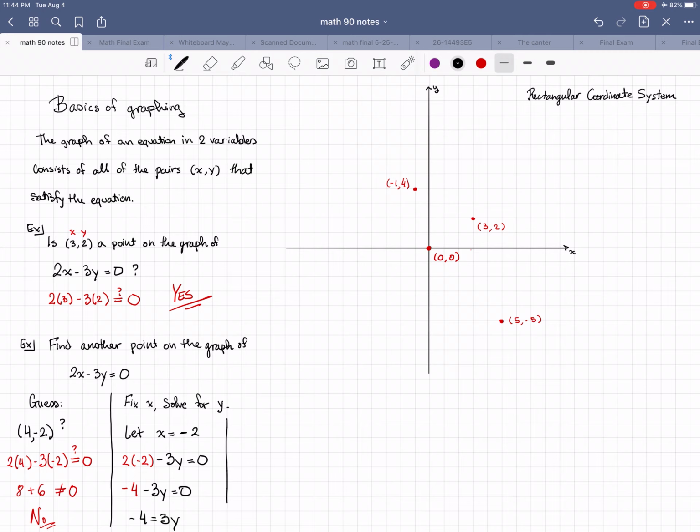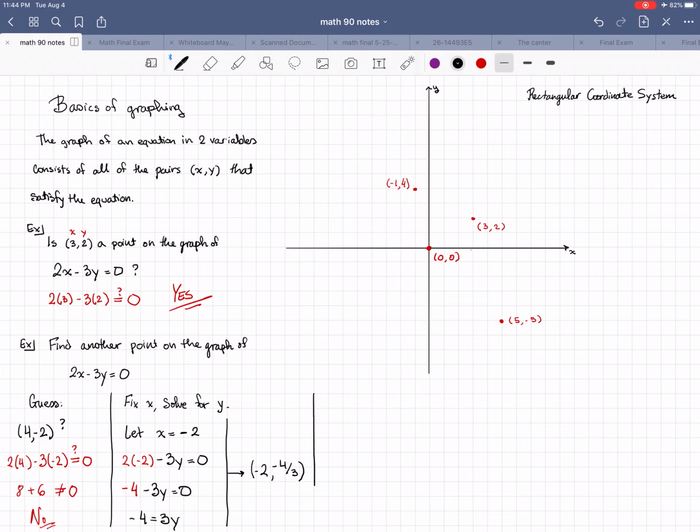So we just generated another point that's on the graph of this equation. And that point is (-2, -4/3).